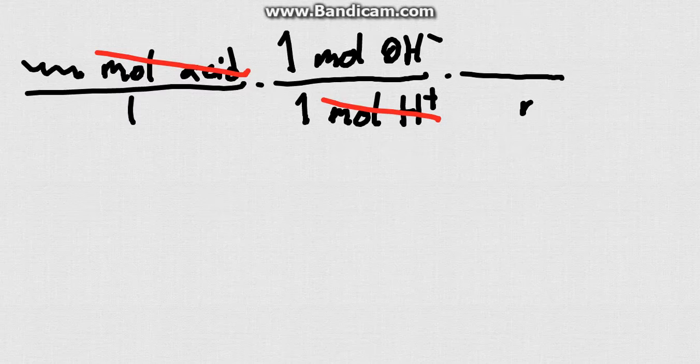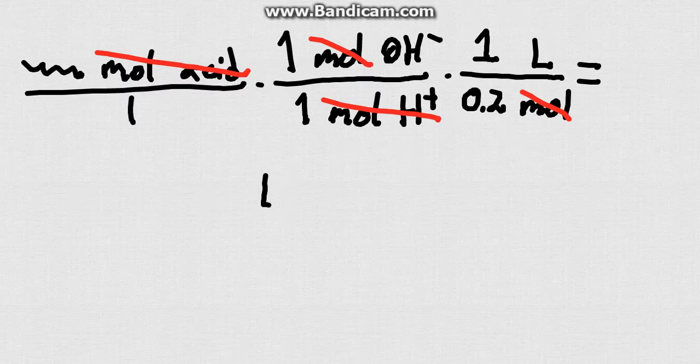So we're going to need moles on bottom and liters on top. And let's say we have a 0.2 molar solution. So that means that there are 0.2 moles for each 1 liter. And that will allow the moles to cancel out, and we will be left with how many liters of our base we need. So we need liters of hydroxide.